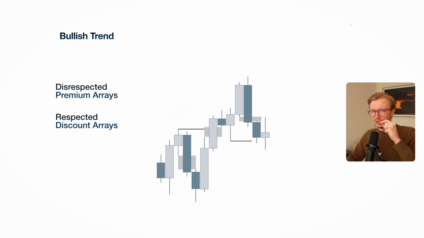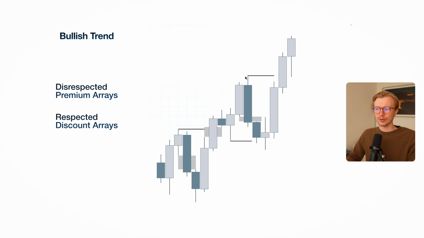Whichever one is going to be disrespected is quite crucial for us to understand. Because if we now see that the bearish fair value gap, the premium array right here, is actually disrespected, again, the bullish trend is still good, is still going strong. So here, this is very interesting to still continue higher towards the next swing high that we have. That swing high is also being disrespected right there. So we can just keep continuing higher. This is a bullish trend.